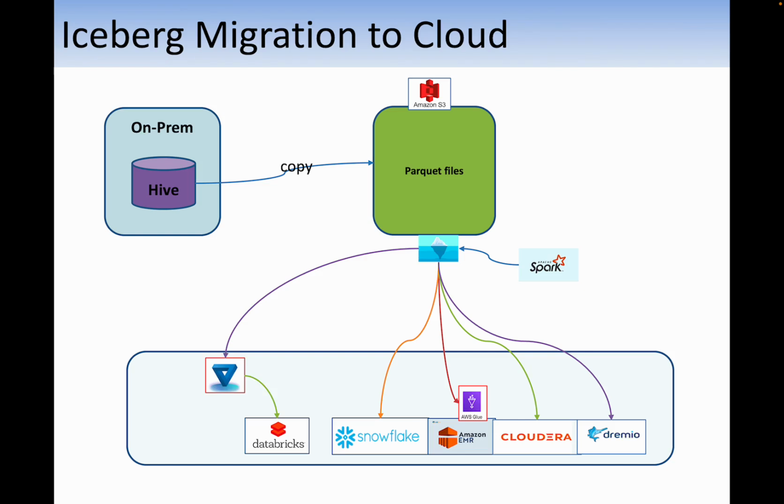Or you want to read that data by Databricks, or you want to convert into a Delta table, you can use XTable, which is from OneHouse, right? Or if you have a streaming application running and you want to convert into Hudi, you can do that too. By the way, you can convert Hudi back to Iceberg, or Hudi to Delta to Hudi, in any combination.